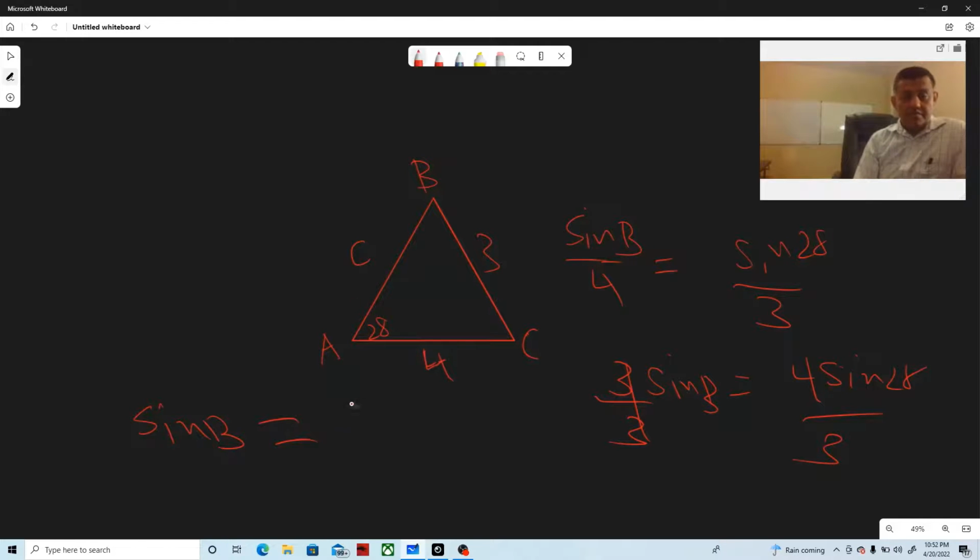So that is 0.6259, right? Okay, so take the inverse of that, and I get B is equal to sine inverse of 0.6259, right?